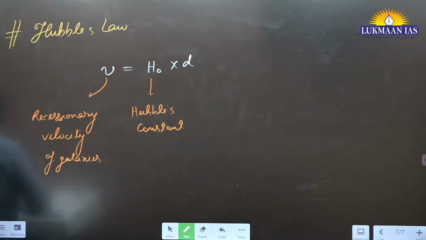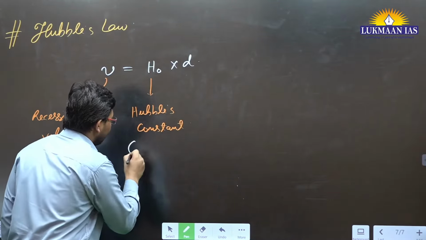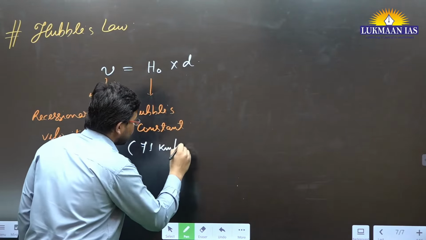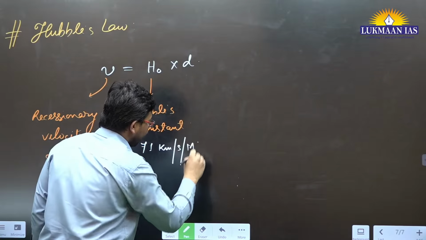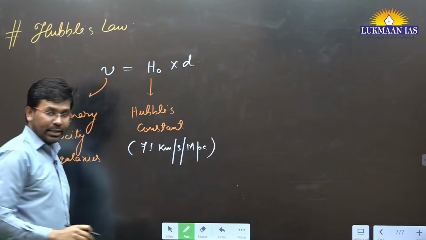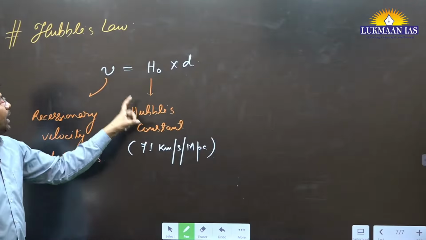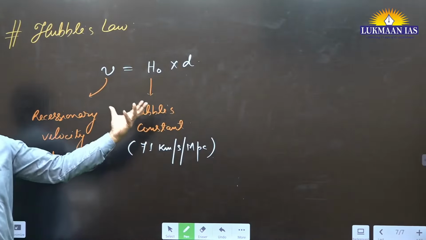What is the value of this Hubble's constant? This value is also very, very important. Hubble's constant is 71 kilometer per second per MPC. I'll make you understand what we mean by MPC and what we mean by Hubble's constant. And what is D?